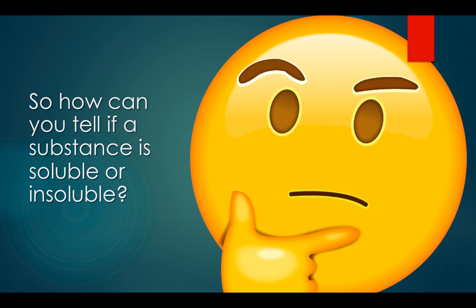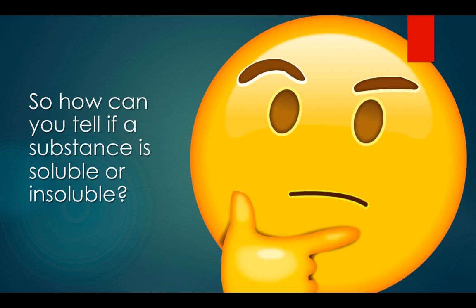Anywho, here's the question. Let's say you're given a chemical formula or molecular formula. How can you tell if that substance is soluble or insoluble? How would you know if that substance would dissolve in water, for example?